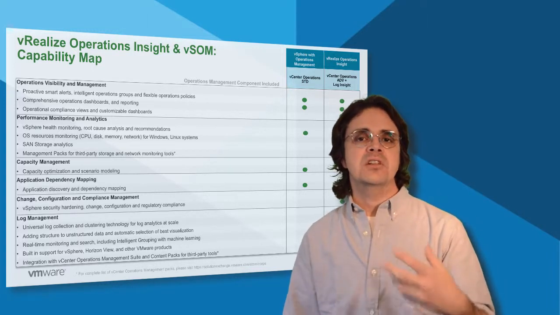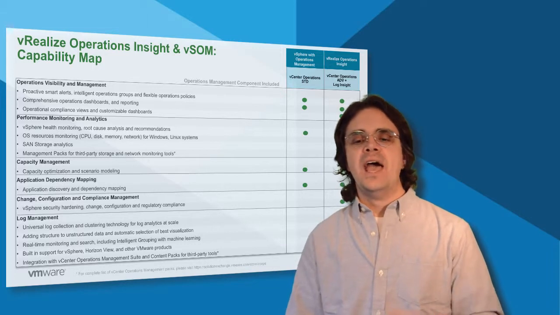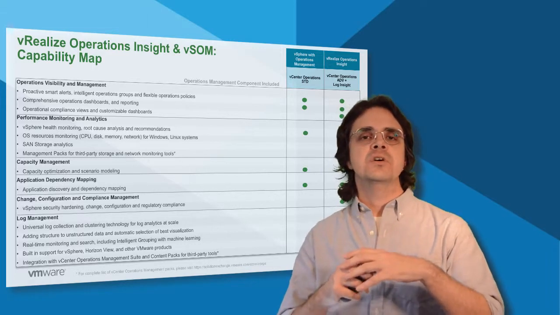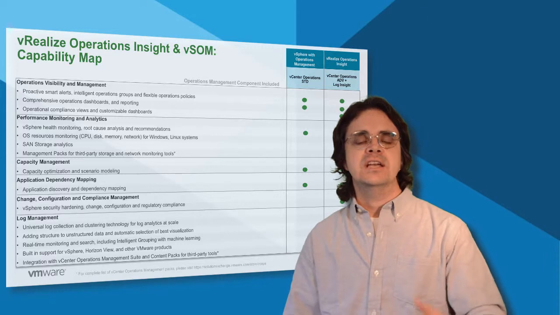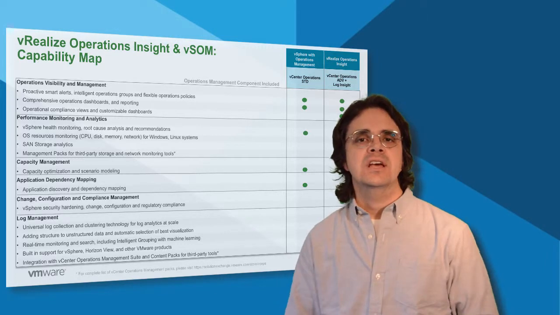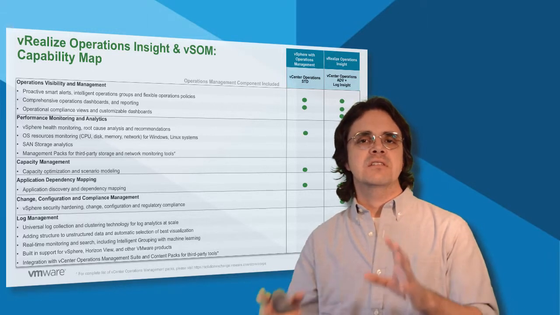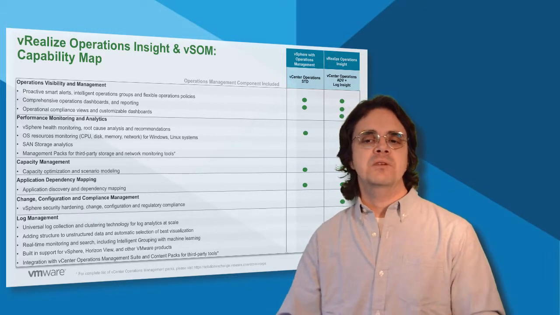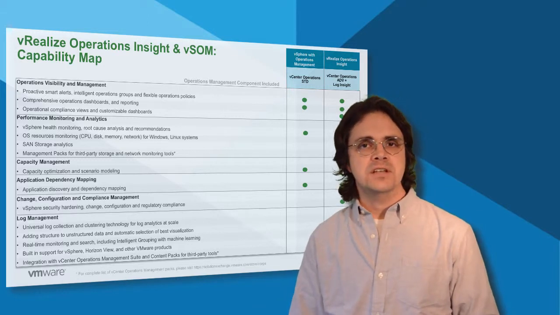And you're also getting Log Insight in tow. So having the ability to deal with vSphere hardening, to look at compliance metrics, all of the things that we talked about in the vROps module, all get lit up inside of vRealize Operations Insight for the customer.